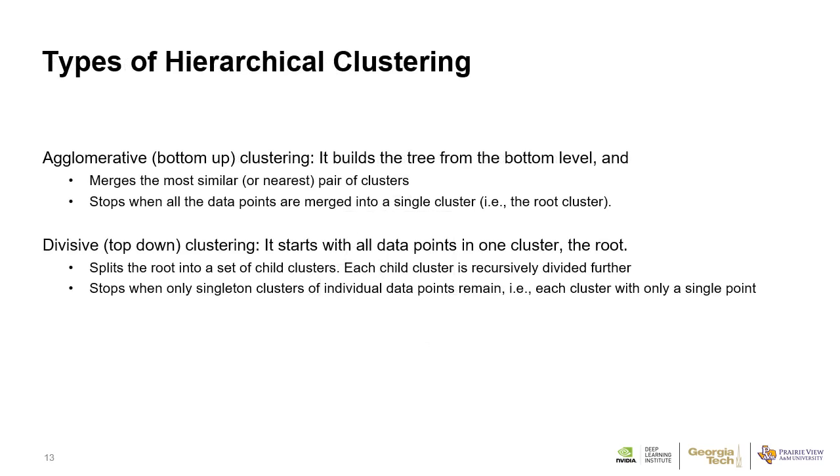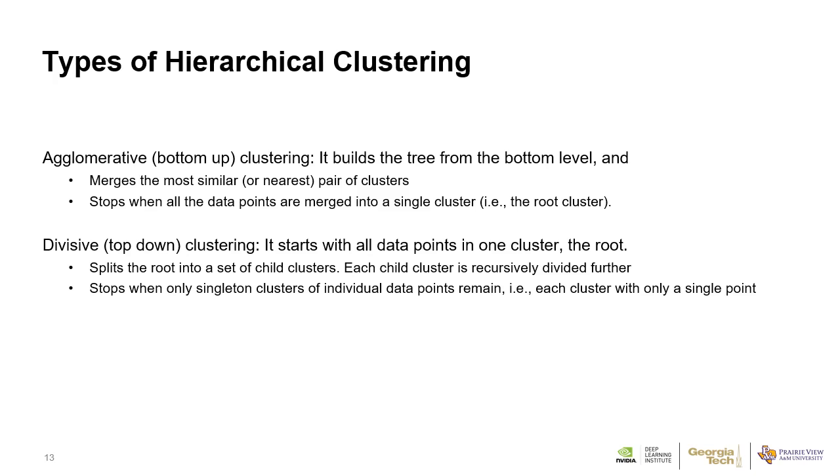There are two types of hierarchical clustering methods. One is agglomerative, a bottom-up clustering that builds the tree from the bottom level, merges the most similar pair of clusters, and finally stops when all the data points are merged into a single cluster, that is, the root cluster.